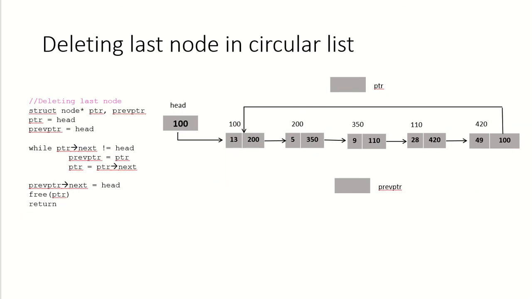How do we delete the last node in a circular list? If this last node has to be deleted, that means the second last node needs to point to the first node now. So if we have to traverse the linked list, we need to keep track of the last node, because then only we will be able to find which is the second last node.